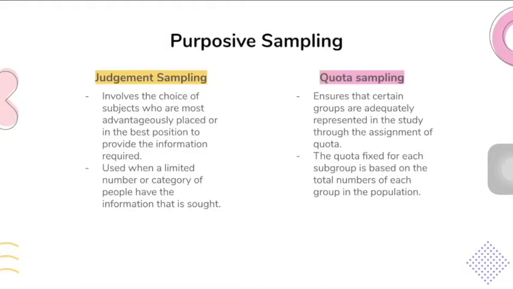Judgment sampling may curtail the generalizability of the findings due to the fact that we are using a sample of experts who are conveniently available to us.